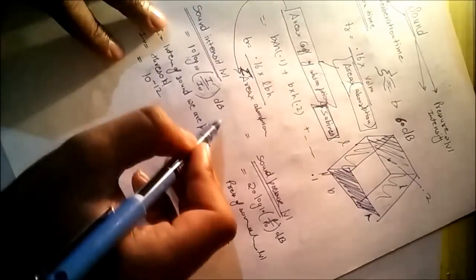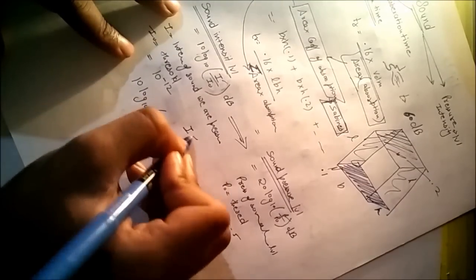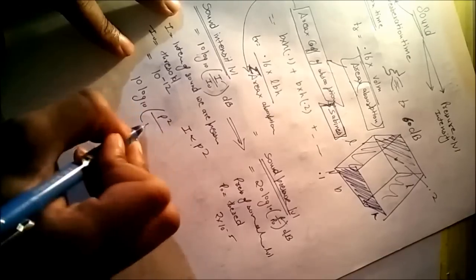Okay, you can do this by derivation. 10 log 10, as we know I is directly proportional to P square, so P square upon P reference square decibel.